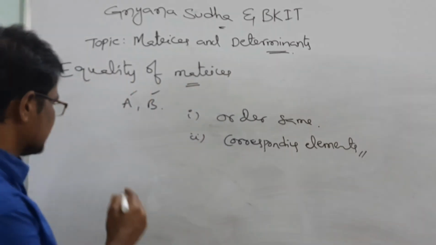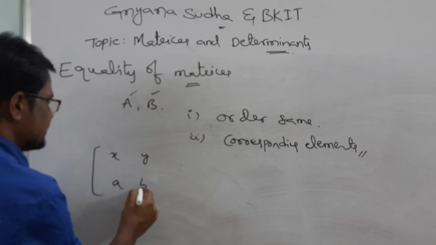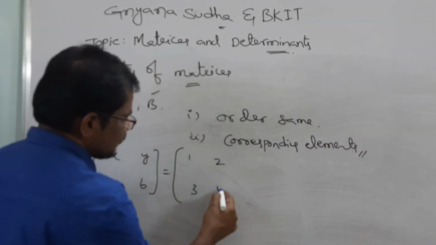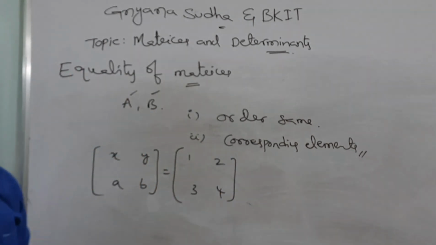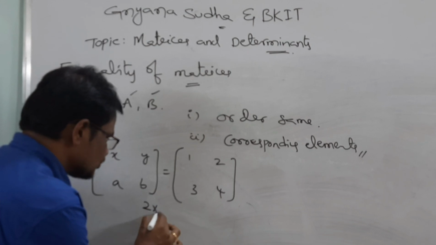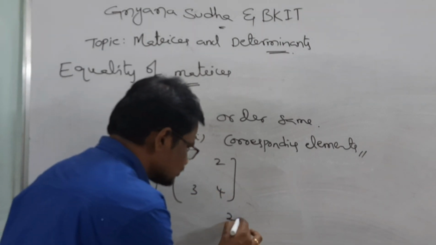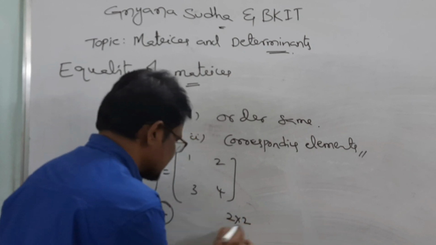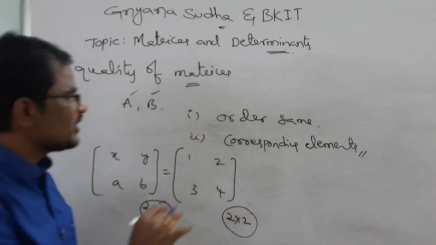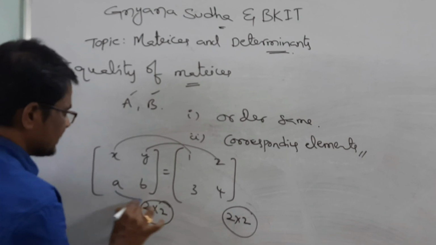For example, if you take [x, y; a, b] equal to [1, 2; 3, 4], these two matrices are equal. What is the order of this matrix? 2 rows and 2 columns. And what is the order of this matrix? 2 rows and 2 columns. So the first condition is satisfied, the order is the same, and the corresponding elements should be the same, like this.